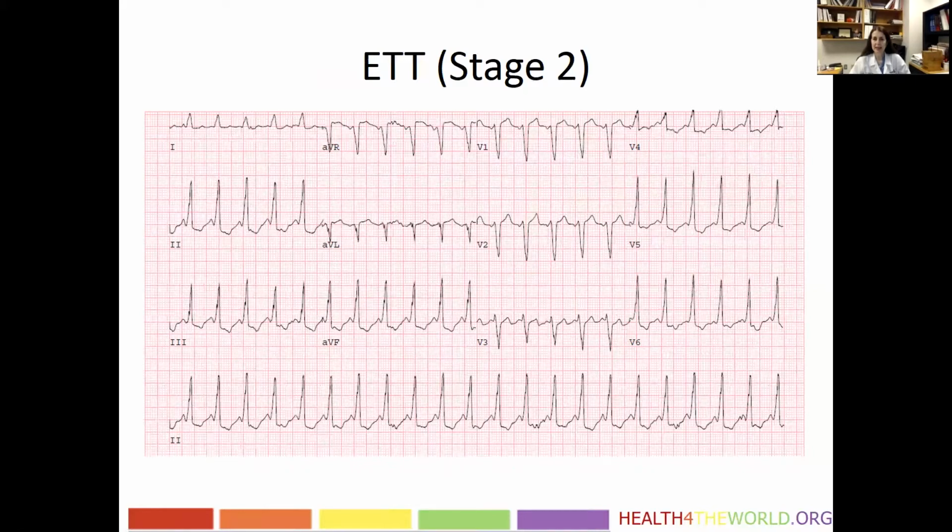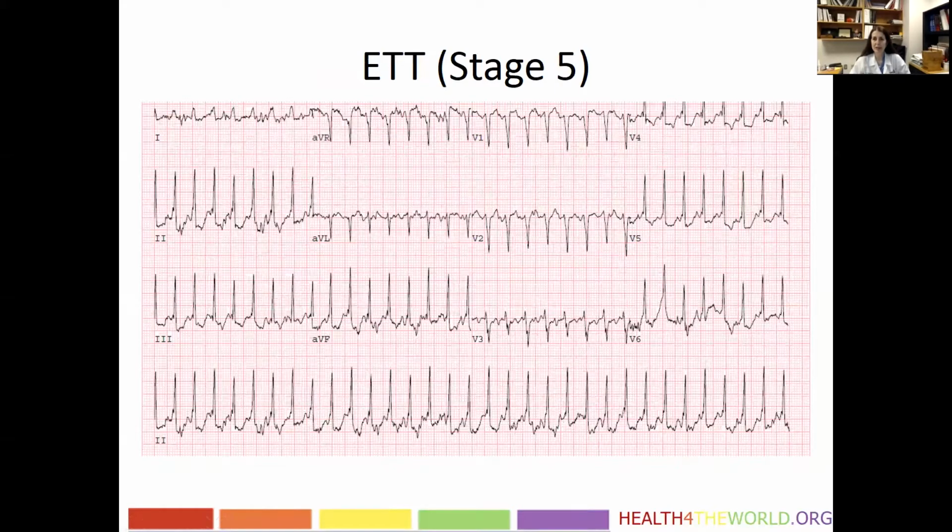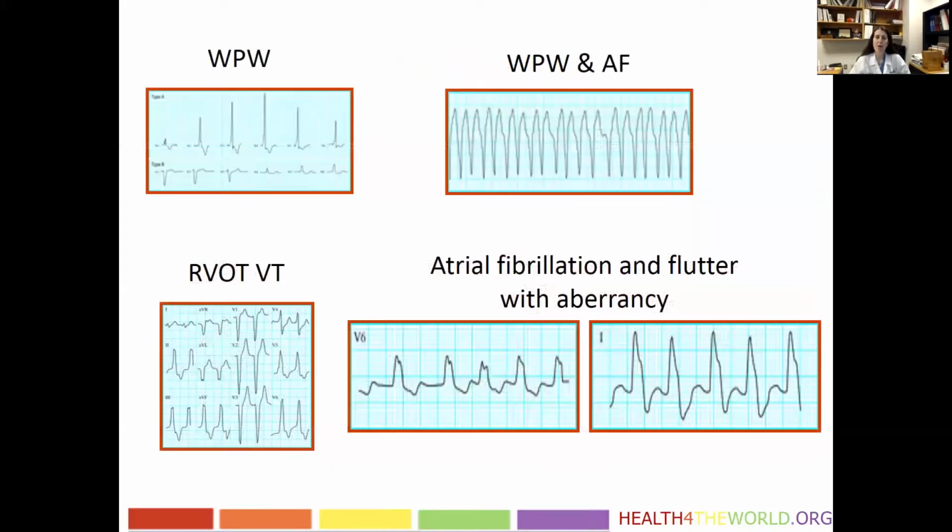The QRS complex became narrow, and she started conducting with an almost normal PR interval, still some pre-excitation there, but then with the evolution of time, the pre-excitation disappeared, and this was felt to be a benign accessory pathway that we did not end up doing anything else for, as the patient did not have any palpitations.